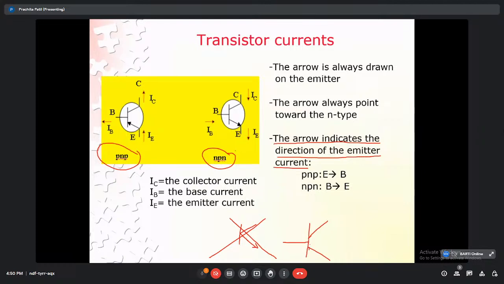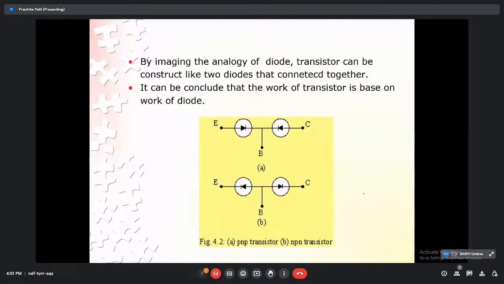Whether it is PNP or NPN, मैं यहाँ पे just दिखा रहा हूँ. और round is not compulsory. कि आप अगर उसको circle करना है या नहीं करना है, that is not compulsory. It's your choice. So this is the right symbol. Please make it and remember it forever in your life as a physicist.